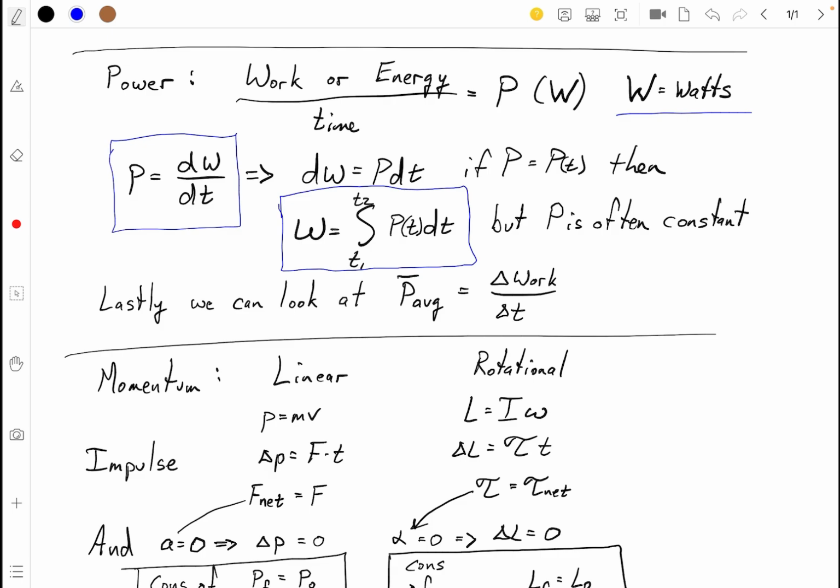And P could be a function of time. If it is, then you have to do the integral with P as a function of time in it. However, P is often constant. So if it's a constant, then you just have to do the integral of the time, just basically T1 to T2 dt. That's it. That's easy.